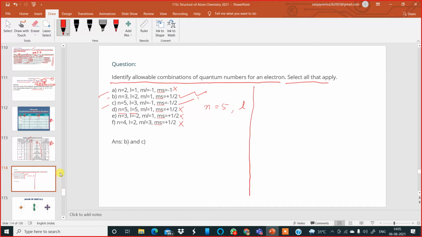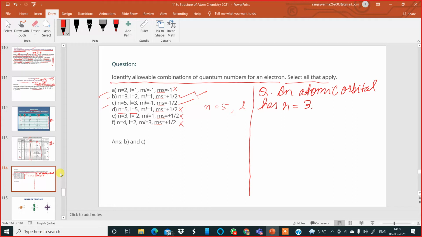Quickly, I'll write down the question here. Answer verbally, it's an oral question. An atomic orbital has n is equal to 3. The principal quantum number is 3.